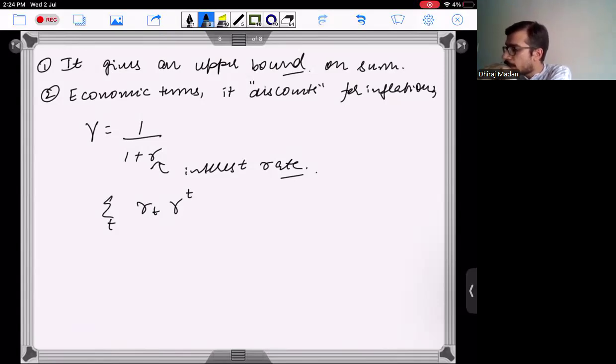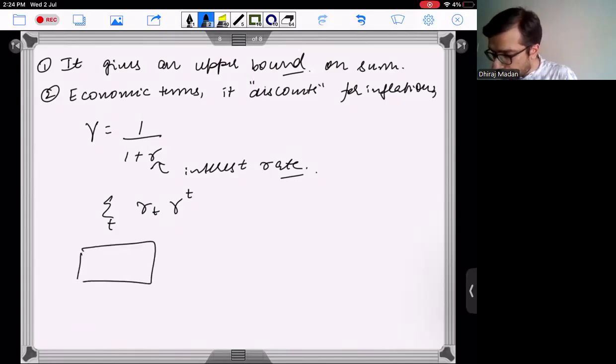Overall, this is what our goal is. And now you can think of an agent or a player who is playing the game, and then an environment, right?